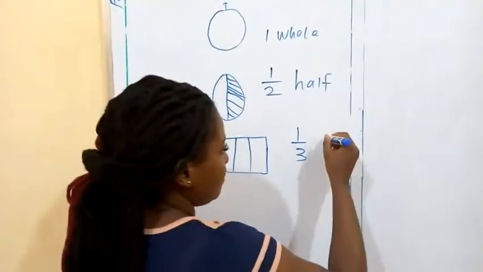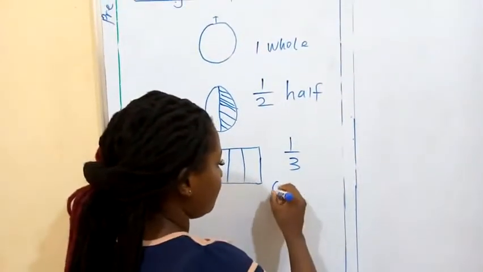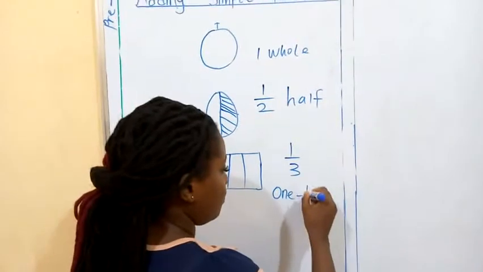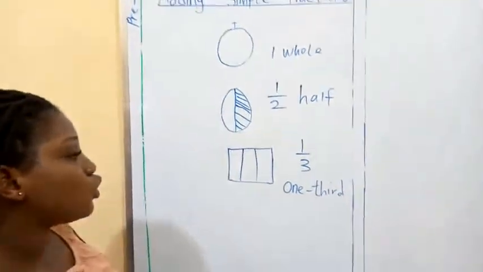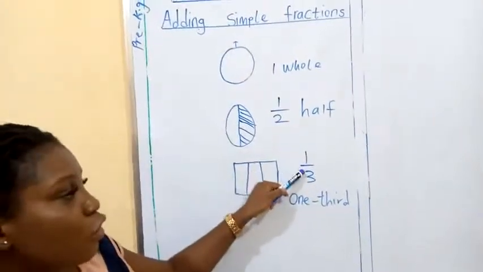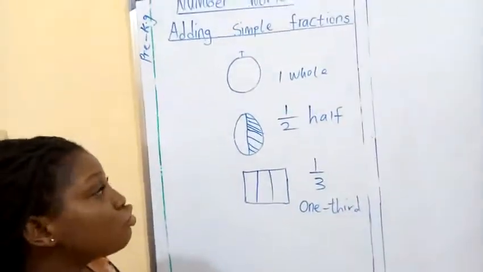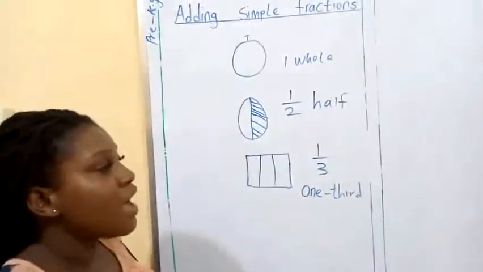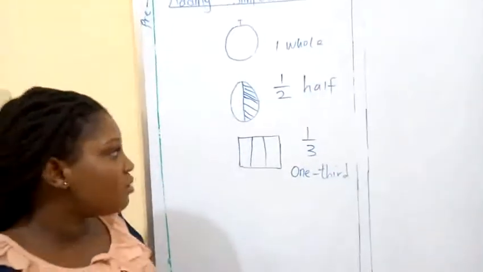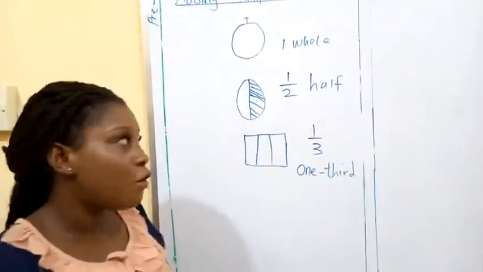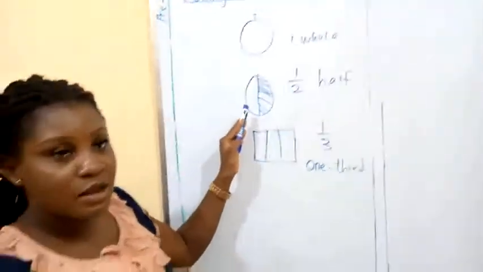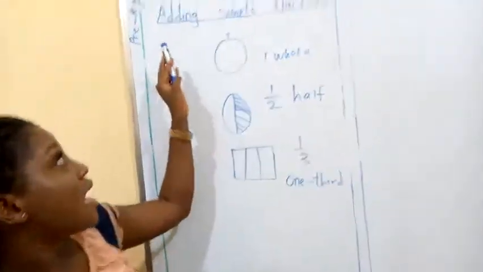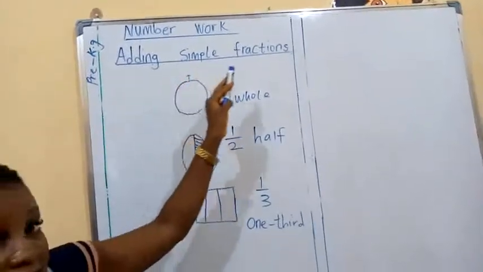Third. This is 1/3. That is 1 all over 3. So there are more. We have 1 all over 4. That means 1 divided into 4, and so on. But today we are not going to look at this. We are going to look at adding simple fraction.